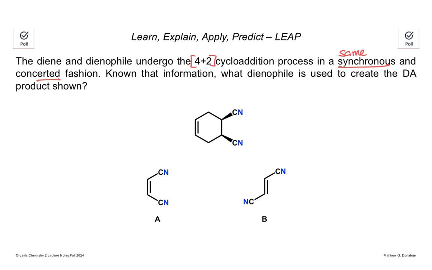So let me highlight in red here those 4 carbons. And the numbering I'm showing is just relative numbering. It's not the numbering that would be used in the naming of the compound.